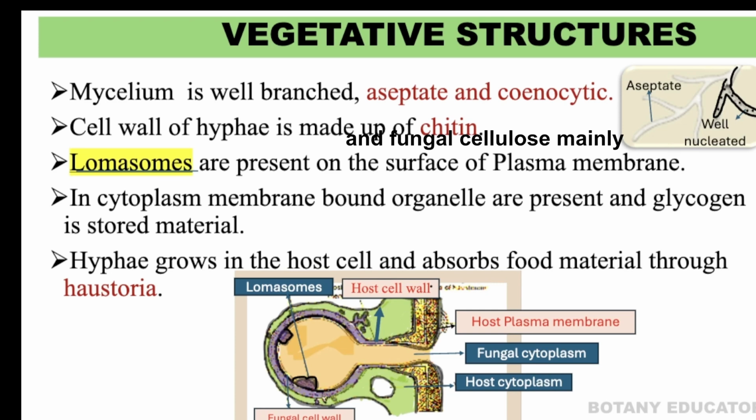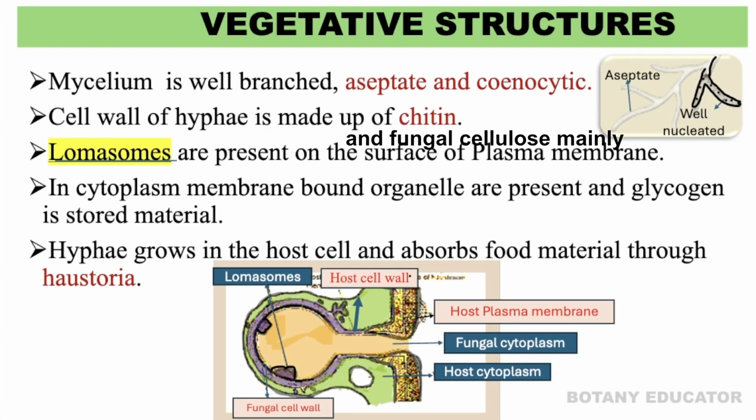This plasma membrane is generally embedded into the host cell, and in the host cell it forms lomasomes. Lomasomes are structures which are outgrowths of the plasma membrane, in which cell surface increases, and they help in intravesicular trafficking, right? And then in the cytoplasm, membrane bound organelles are present, and glycogen is stored as food material.